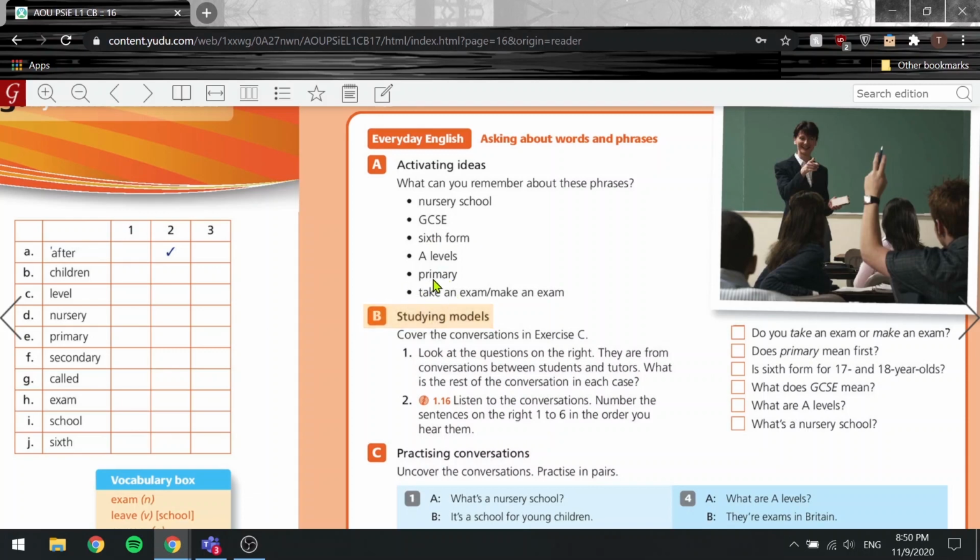Okay, what about the word primary? Notice how it says primary and not primary school, because if you say primary school, it's a whole different meaning. So the word primary here means first, okay? Which means that the word secondary means second. So remember that. The word primary itself means first, okay? If you ever play video games and it says primary gun, it usually just means it's your first gun.